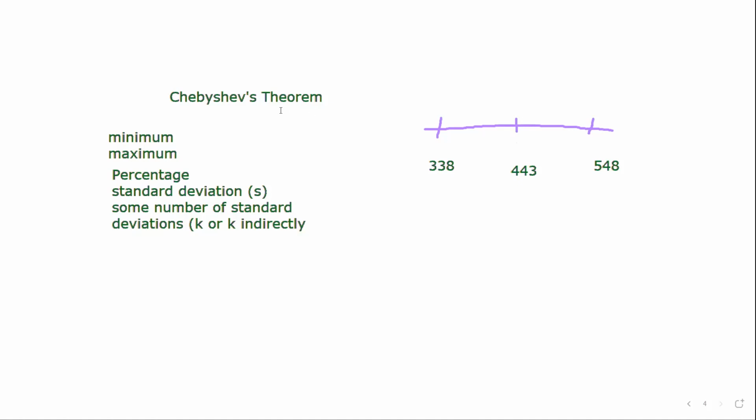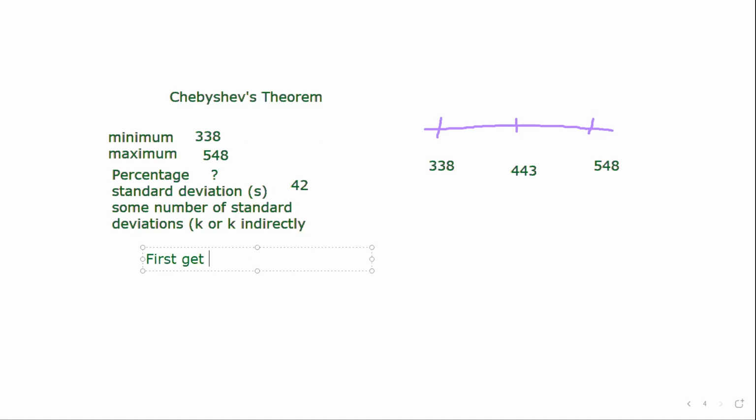Our minimum here is 338. Our maximum here is 548. Our percentage, we don't have. That's our question mark. Our standard deviation is 42. So S was 42, and we don't have K either. So before we can get the percentage, we need to get K.